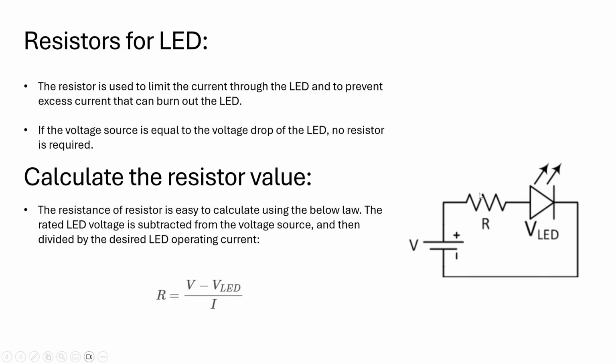How can we calculate the resistance of this resistor? We can calculate it from this law: resistance equals the source voltage minus the voltage of the LED, divided by the current of the LED.